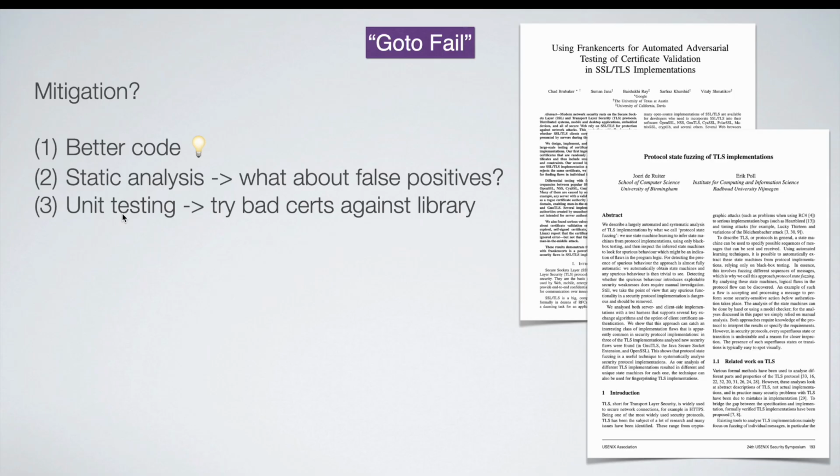And what researchers did around that time is they said, oh, that's such a good approach. Why don't we actually do that? Why don't we go grab a bunch of SSL libraries and we'll come up with all sorts of weird bad certificates, and we'll just try them and see if we can find other cases of bad certificates that are accepted by these libraries. We can make the certificates really, really weird.